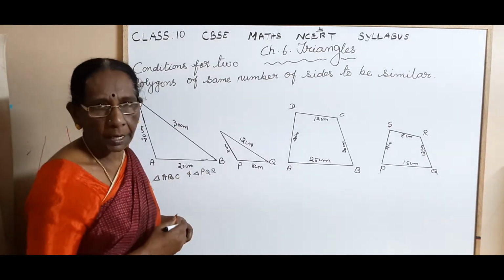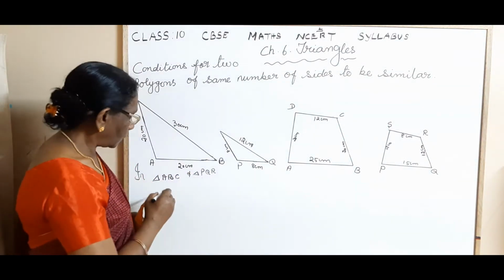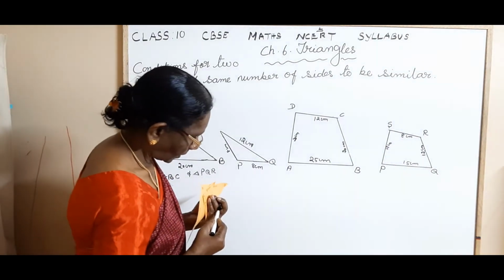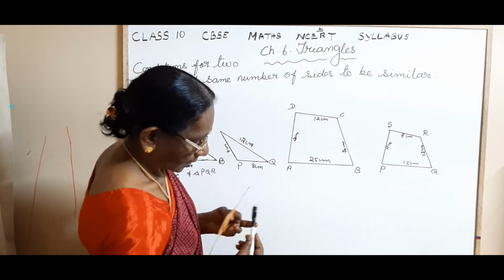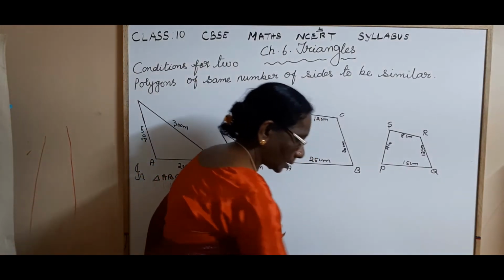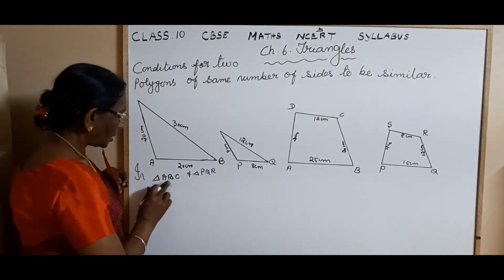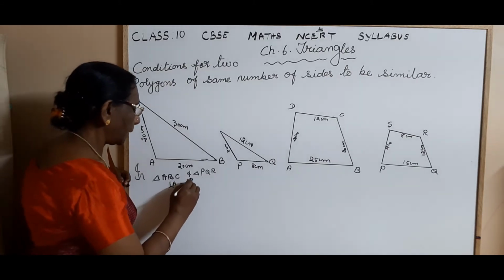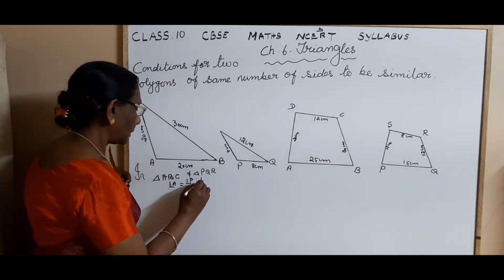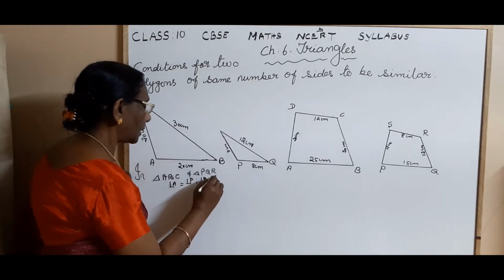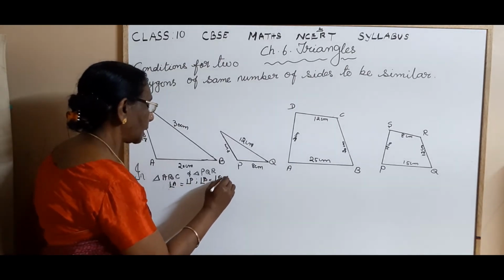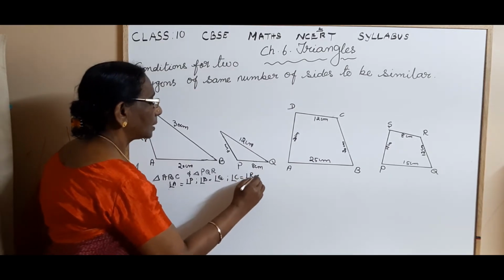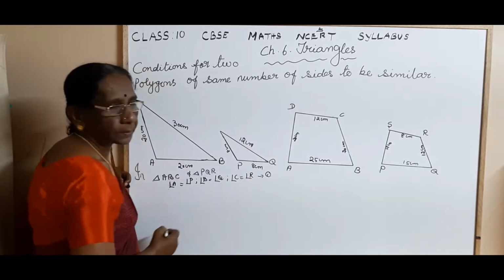They should be equal, isn't it, children? So angle A should be equal to angle P, angle B should be equal to angle Q, angle C should be equal to angle R. This is the first condition to be satisfied.